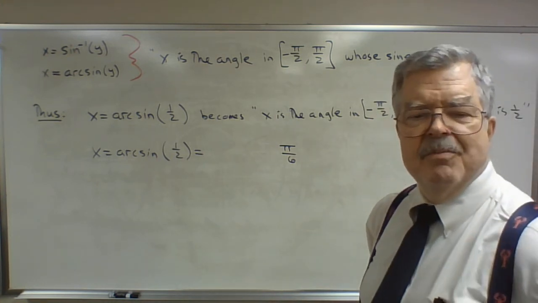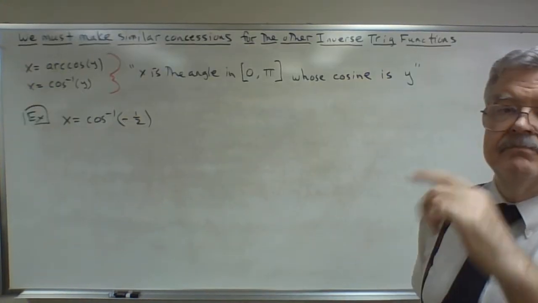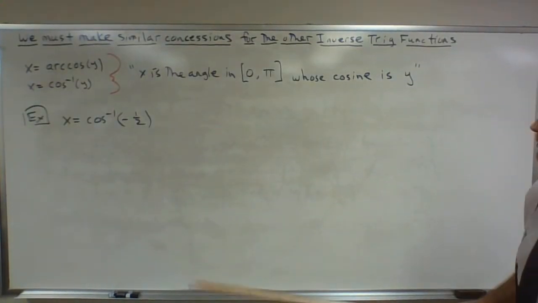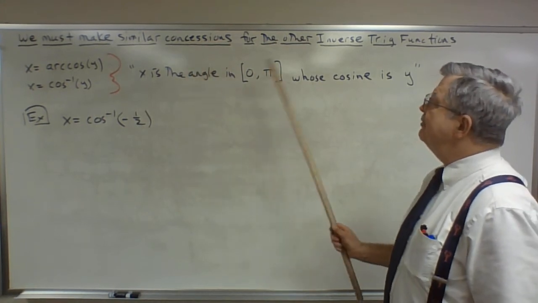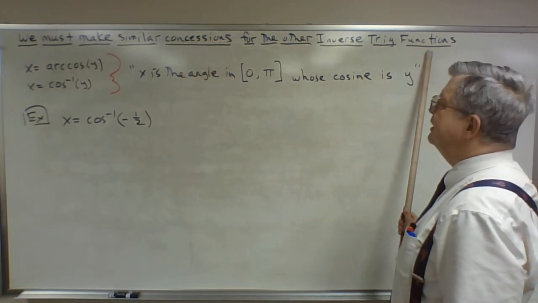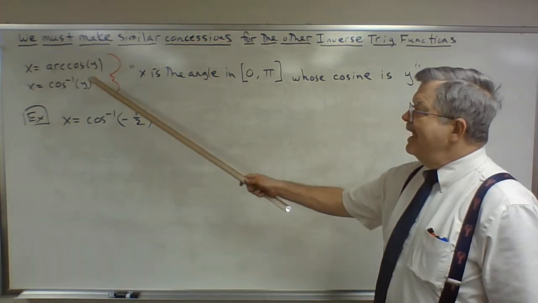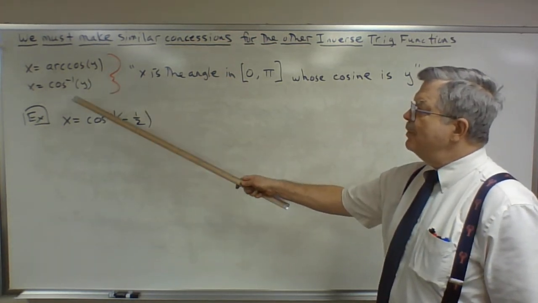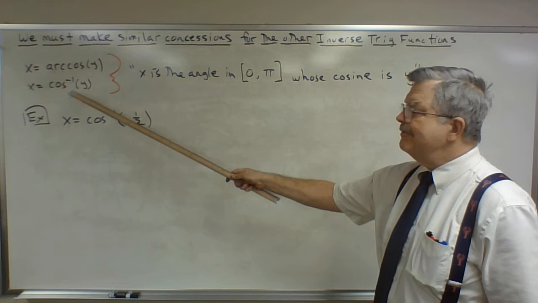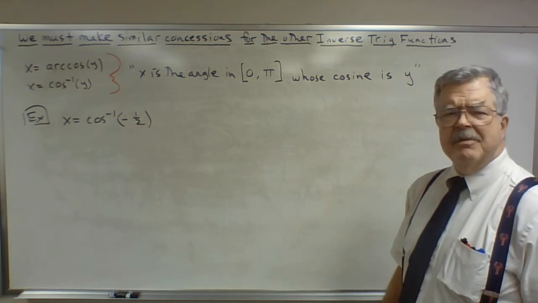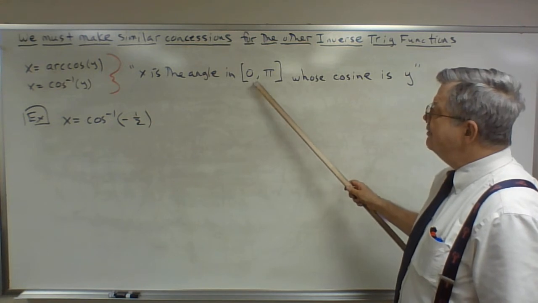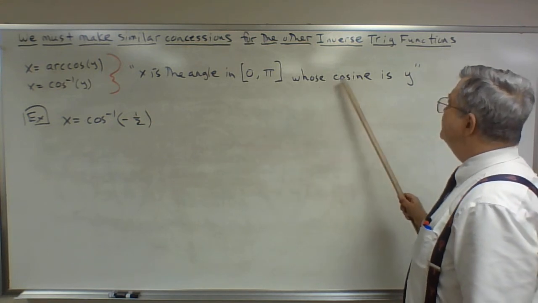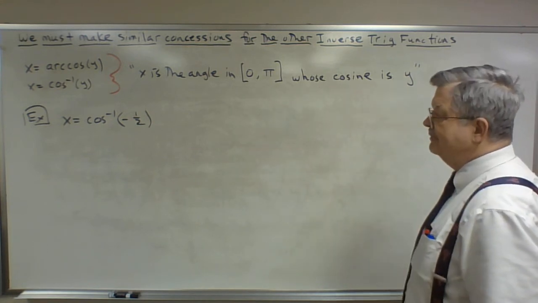Now let's look at a few more of these things. We have to make similar concessions for the other inverse trig functions. X equals arc cosine y, or x equals cosine inverse of y. We interpret it this way. X is the angle in the interval 0 to pi, whose cosine is y.